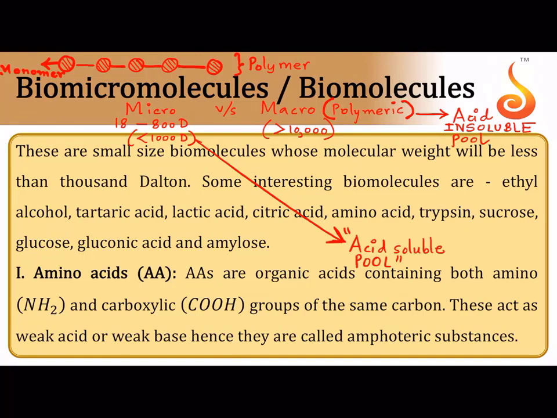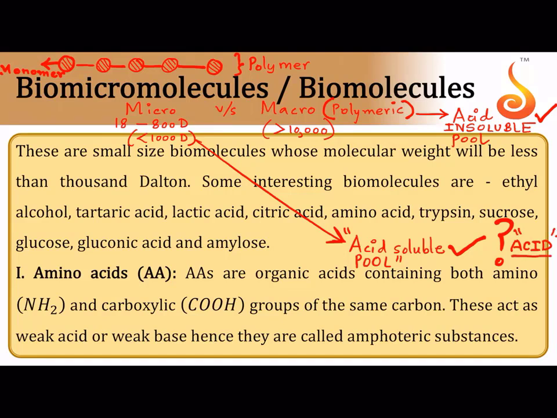Now my question for all of you is, in order to obtain acid soluble pool and acid insoluble pool, you need a living tissue. Say for example, you need a part of a vegetable, a plant tissue, or you need a liver tissue, which is an animal tissue. You need to grind that tissue to make a fine paste or a slurry. Now my question is, which is the acid that you will use here in order to make the slurry from the living tissue?